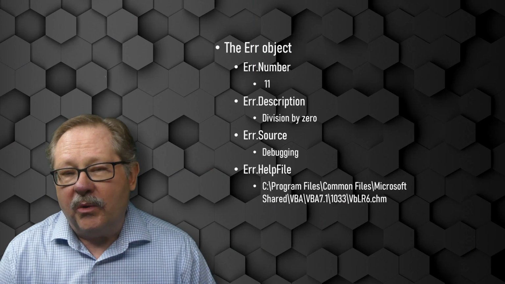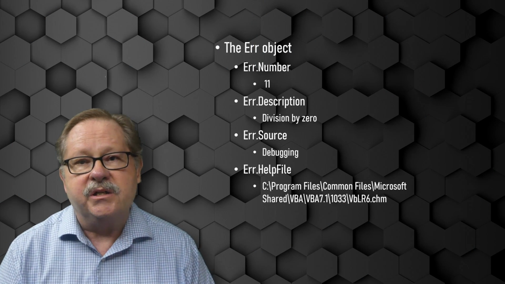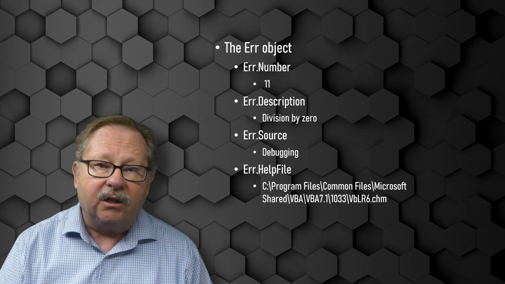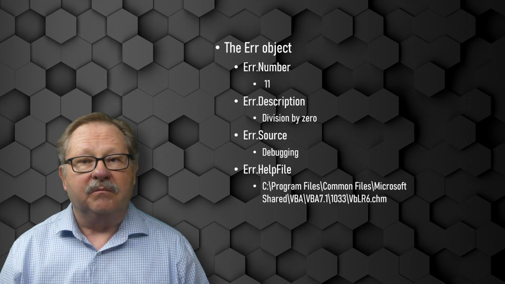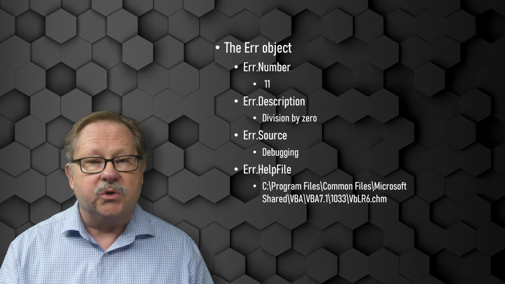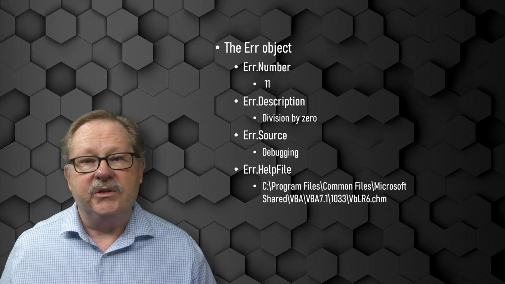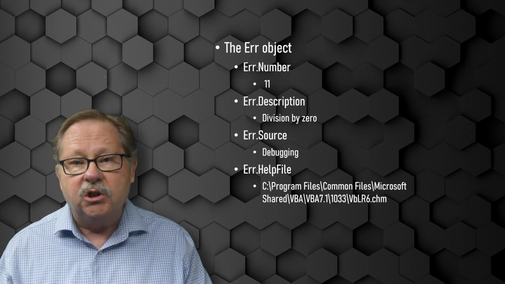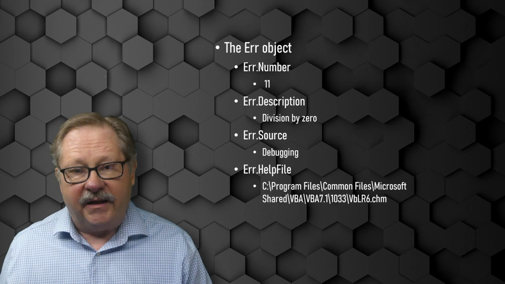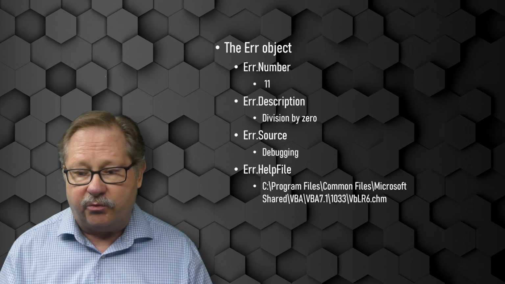What happens when the error is hit is an Err object is created. The Err object has several different properties: an error number, description, source, and help file. I've put here examples of what we could see if we looked at the Err data at the time of execution in that last application that we just ran.